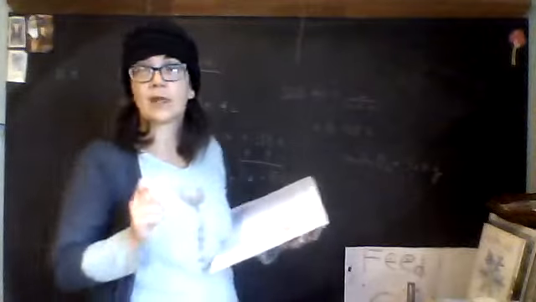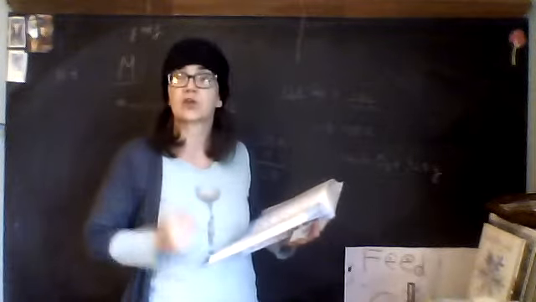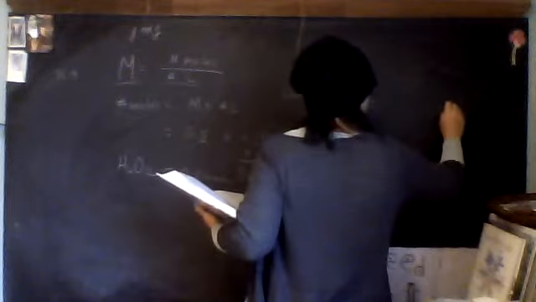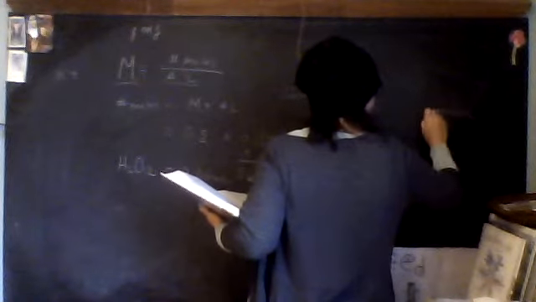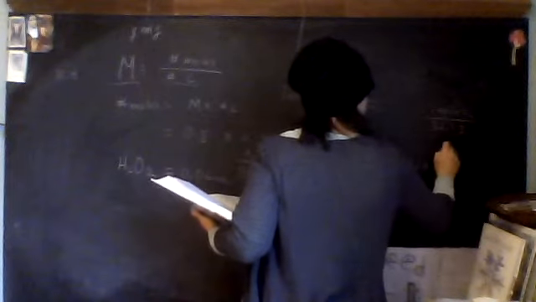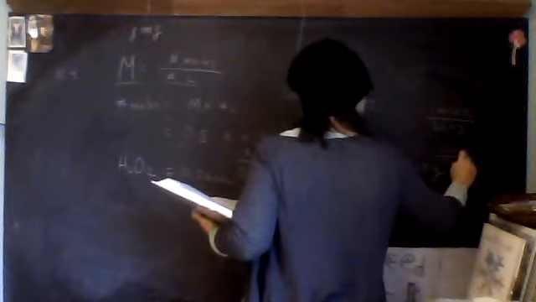That means that for every mole of oxygen, it's 32.0 grams. I can set up my conversion. I can either say 1 mole per 32.0 grams, or I can say 32.0 grams per 1 mole.